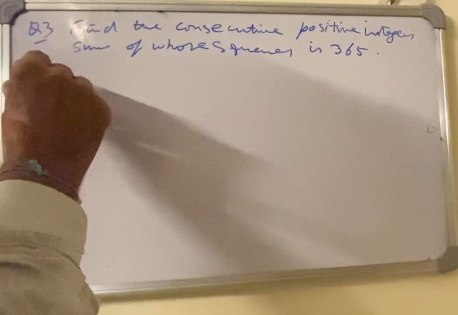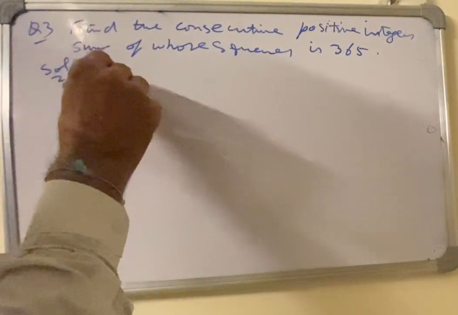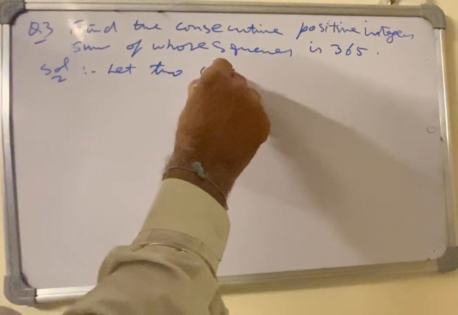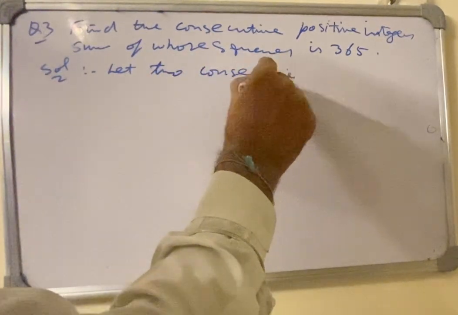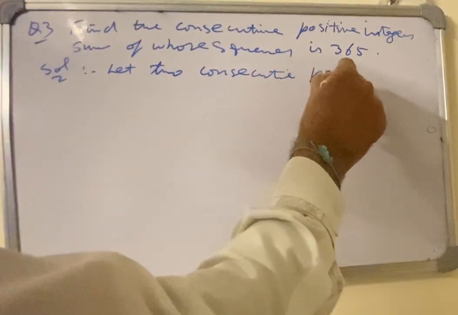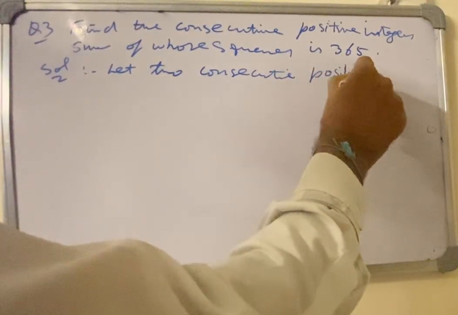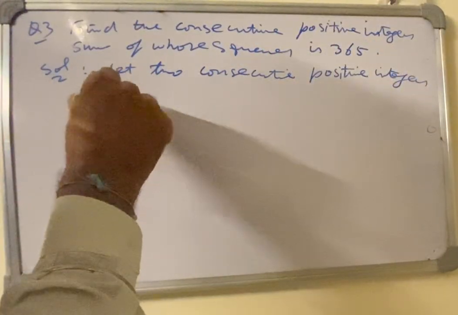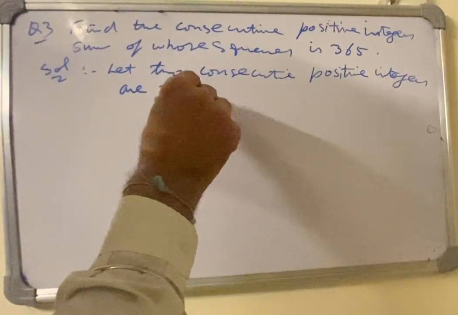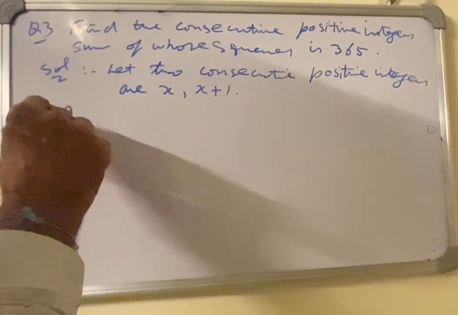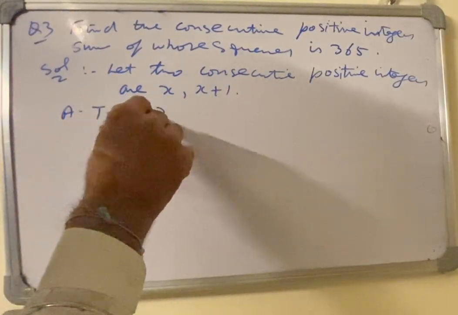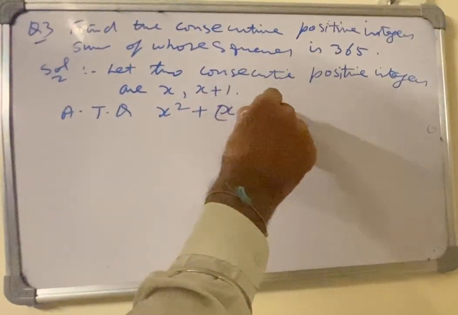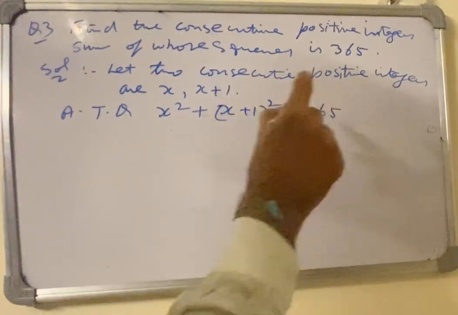Solution. Let two consecutive positive integers be x, x plus 1. According to the question, the sum of their squares, x square plus x plus 1 whole square is equal to 365.